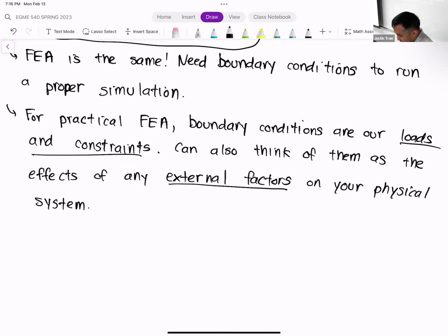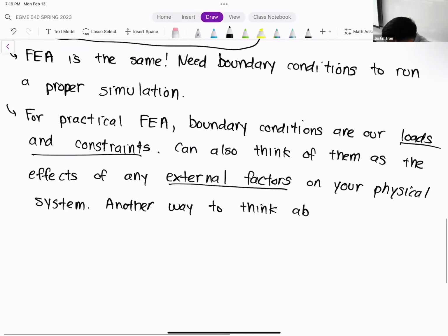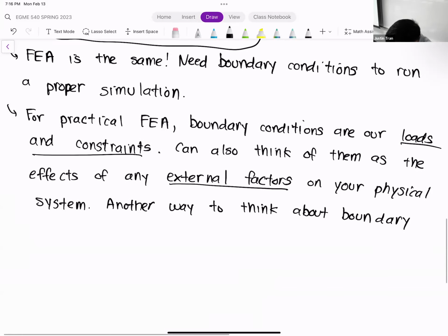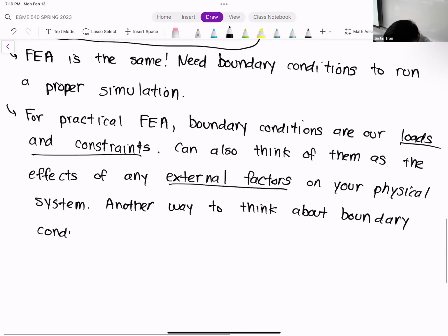Another way to think about boundary conditions is as inputs to the system. You can almost think of them as the actors or the instigators in your system.